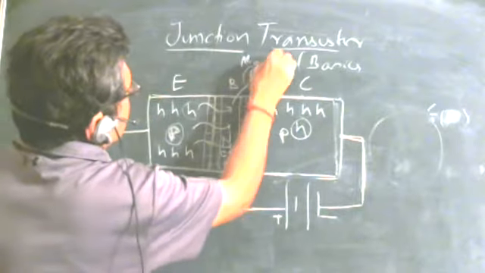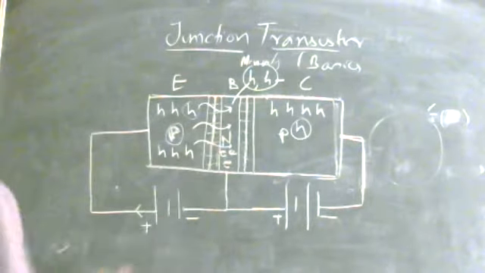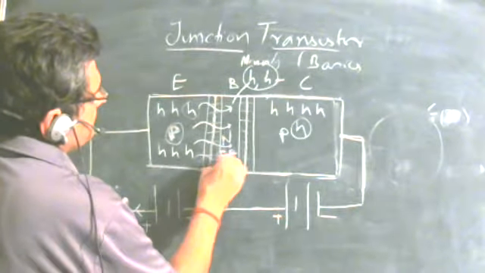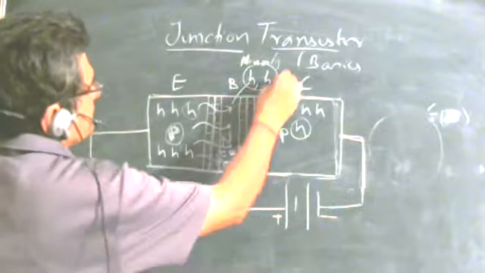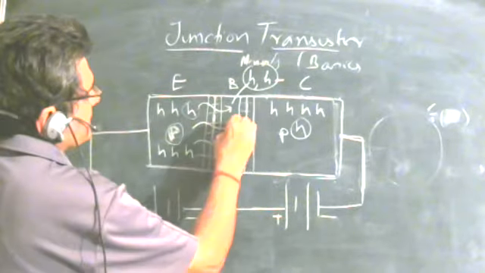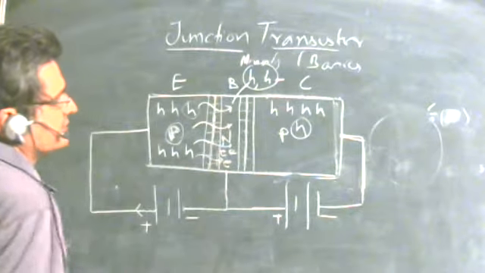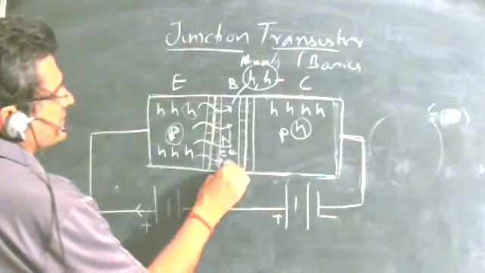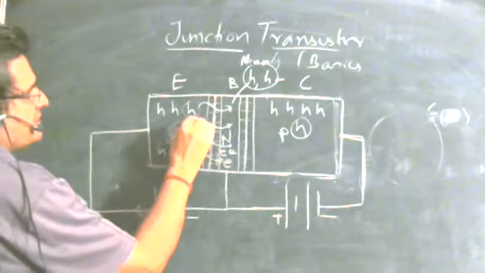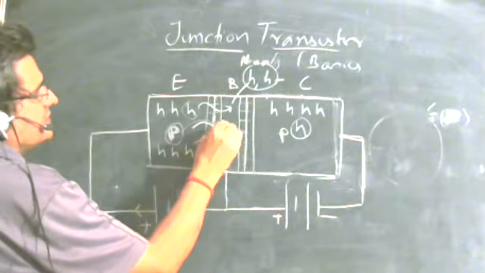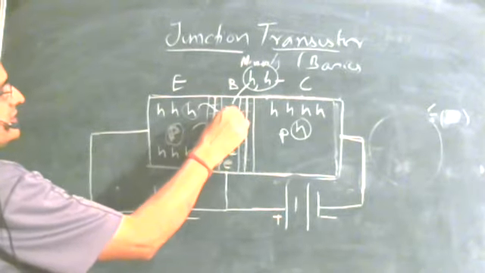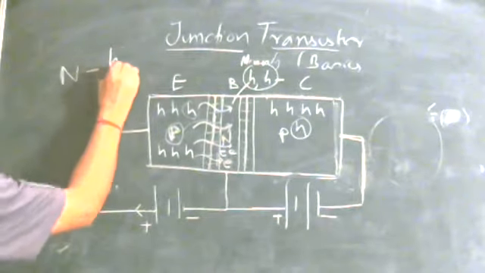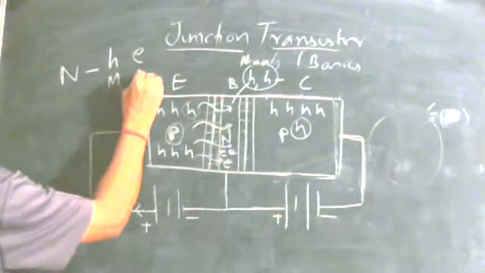As it is lightly doped, these holes which are crossing over do not recombine with all the electrons, meaning they are not neutralized, but they swamp the electrons, meaning they are in very large number. The majority carriers here are in less number. So the carriers which are crossing over, though they are minority on the N side, are holes, while electrons are the majority.